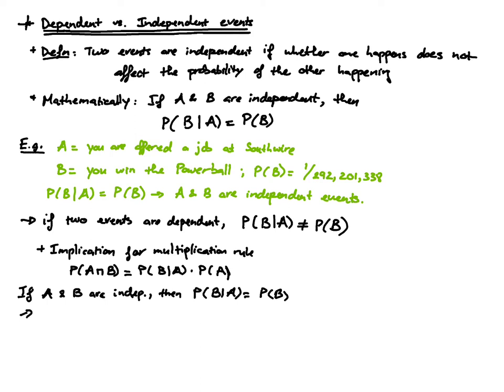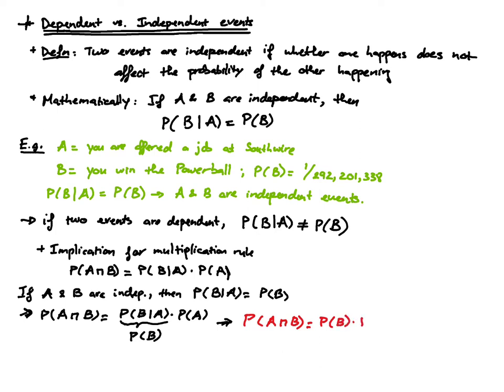That means that the probability of the intersection of A and B is going to be equal to P(B given A) times P(A), but this is P(B), right? And so if A and B are independent, the probability of the intersection of A and B is equal to the probability of B times the probability of A.